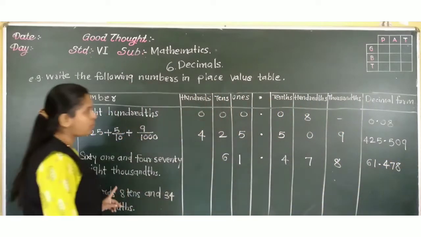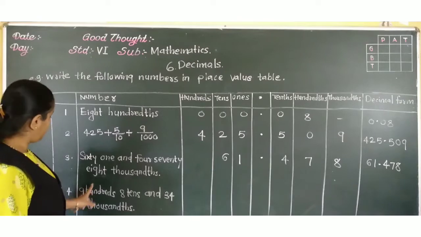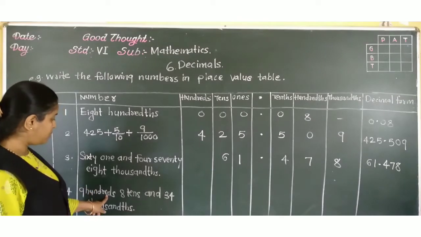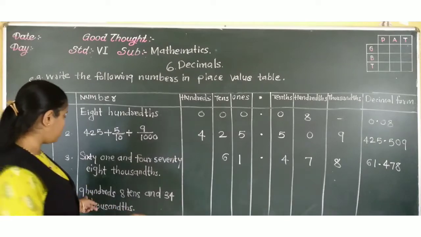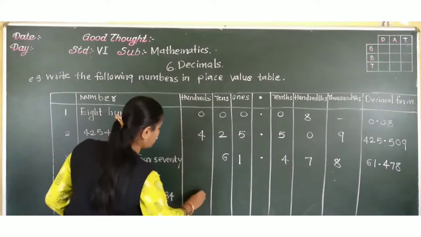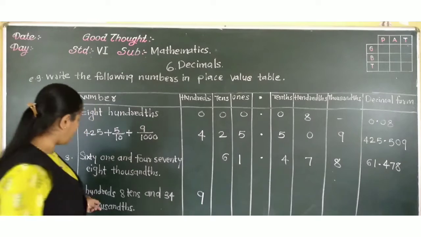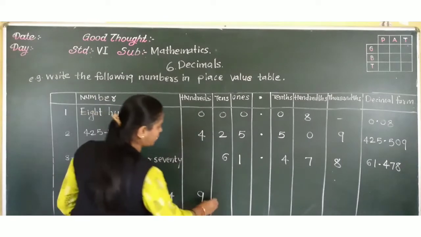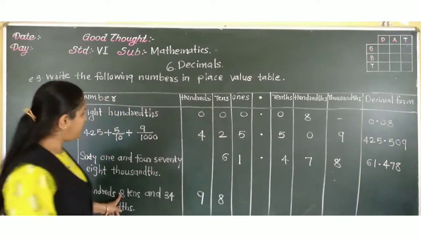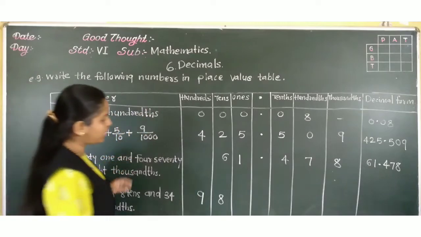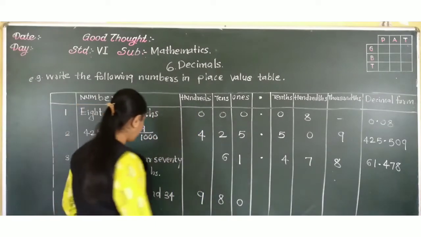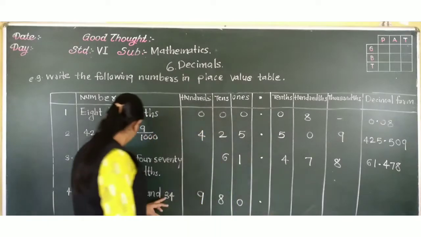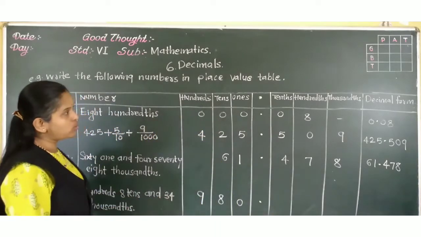Next, 9 hundreds, 8 tens and 34 thousandths. So 900 means in hundreds place 9. How many tens are there? 8. Okay. And ones not mentioned, that is we have to write 0. Okay. And how many thousandths are there? 34 thousandths.